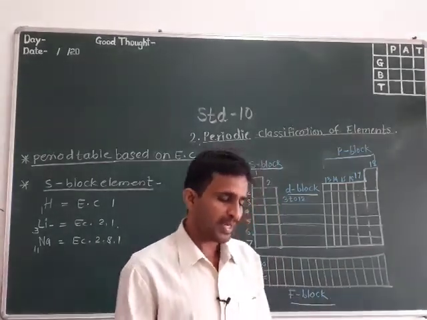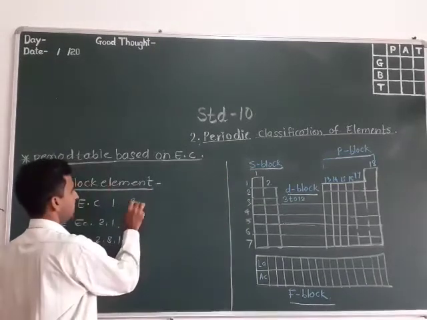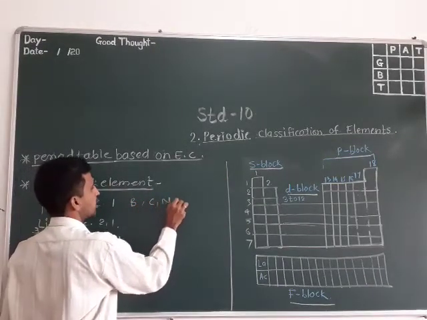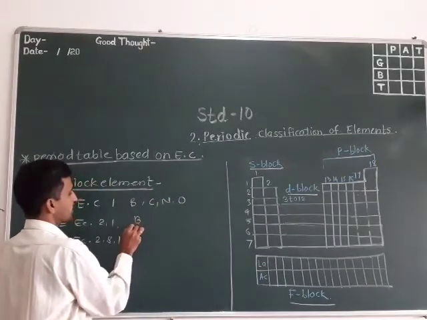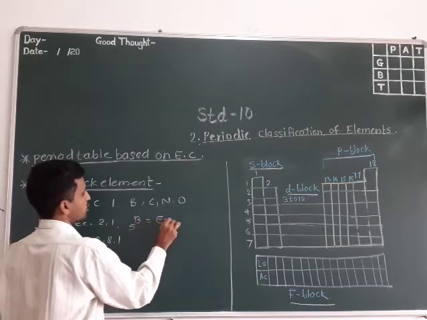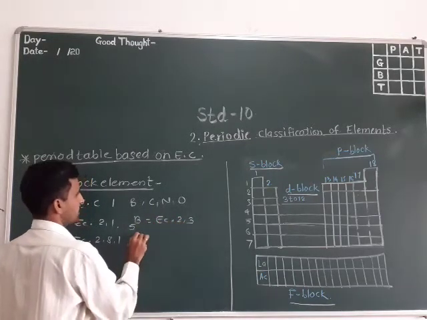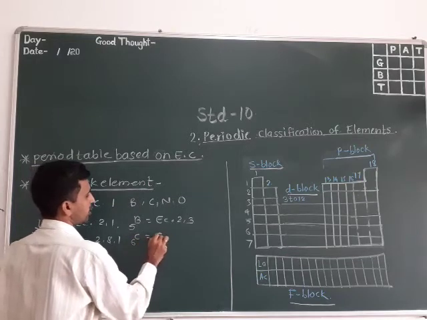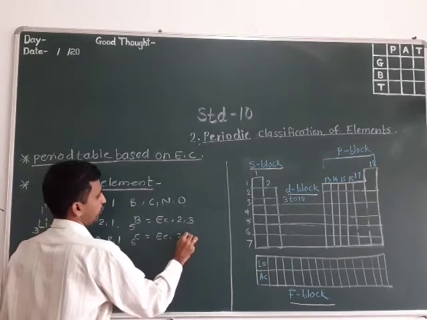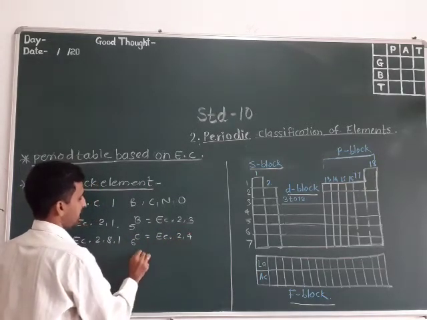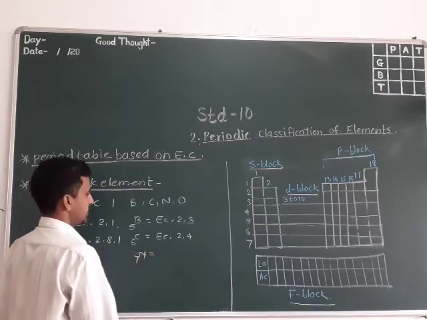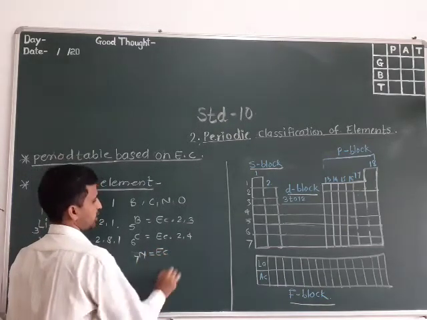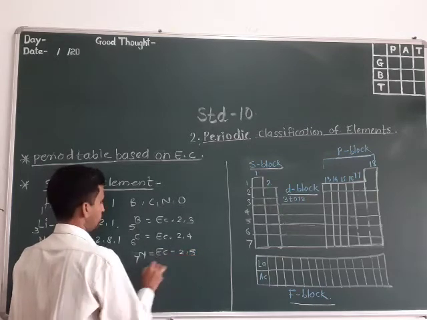For example, boron, carbon, nitrogen, oxygen. Boron, atomic number 5, has electronic configuration 2, 3. Carbon, 6, has electronic configuration 2, 4. Nitrogen, 7, has electronic configuration 2, 5.